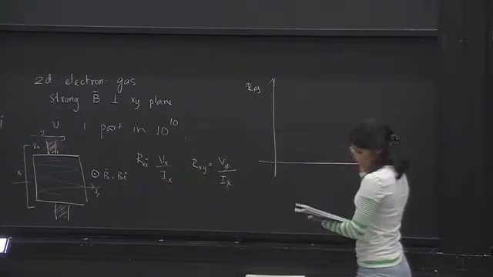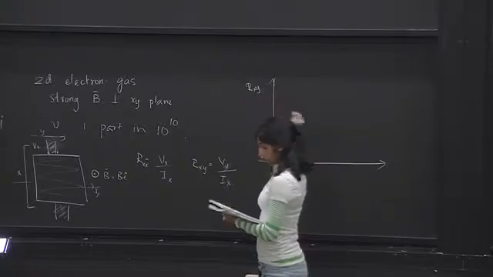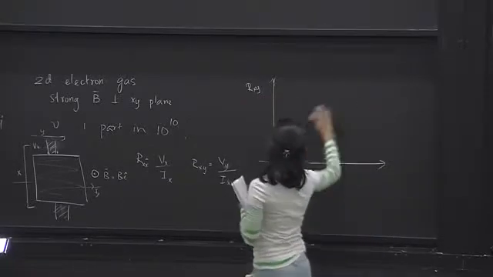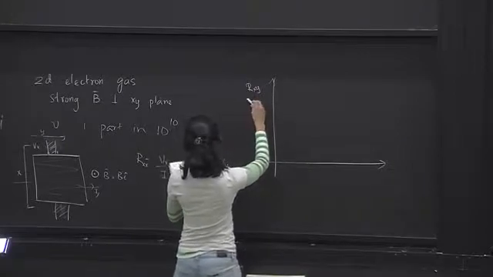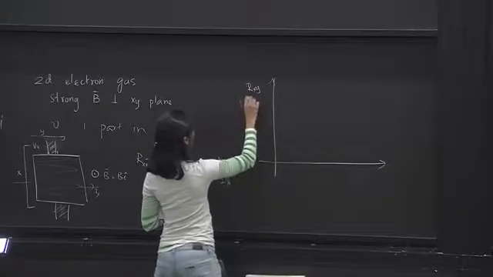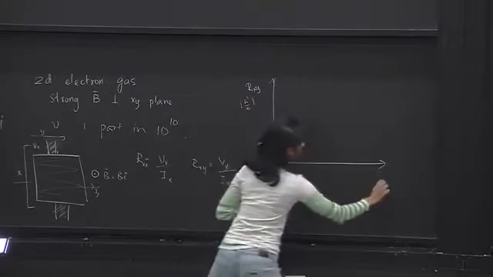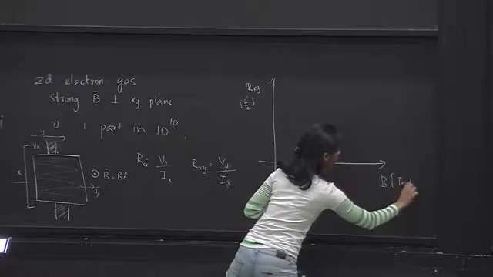It's their data. So a few things about the data that I'll just kind of show here, but it should be much clearer. So they plot Rxy in units, I think, of h squared over e. So it's dimensionless versus magnetic field in Tesla.